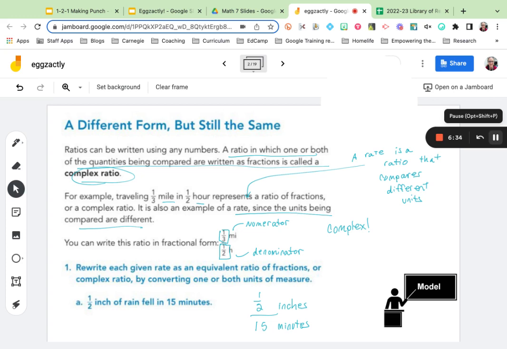The entire fraction 1/2 is in the numerator. 15 is in the denominator. And that's all we have to do for number 1. All the instructions said to do was to rewrite it as an equivalent ratio of fractions. And we did that. So that's what this task is all about, using complex ratios to represent rates.